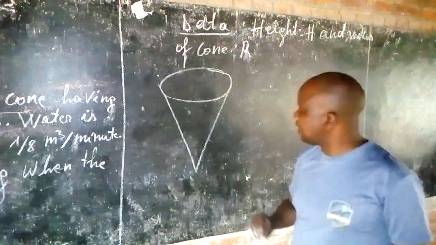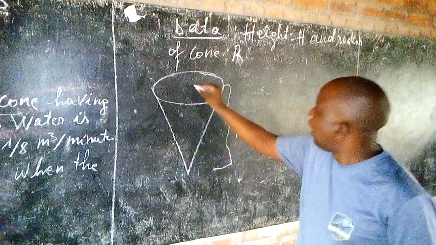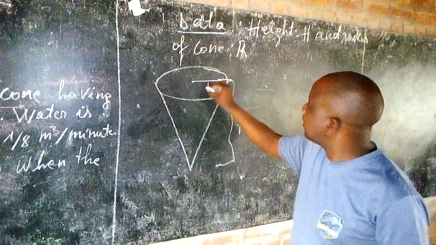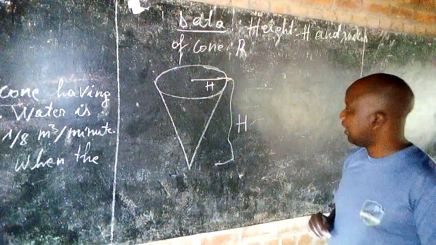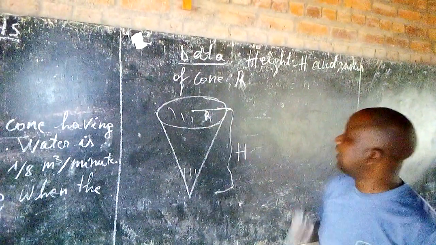We suppose this is an inverted cone which has a maximum height, and this is the center of the base of the cone, which has the maximum radius.